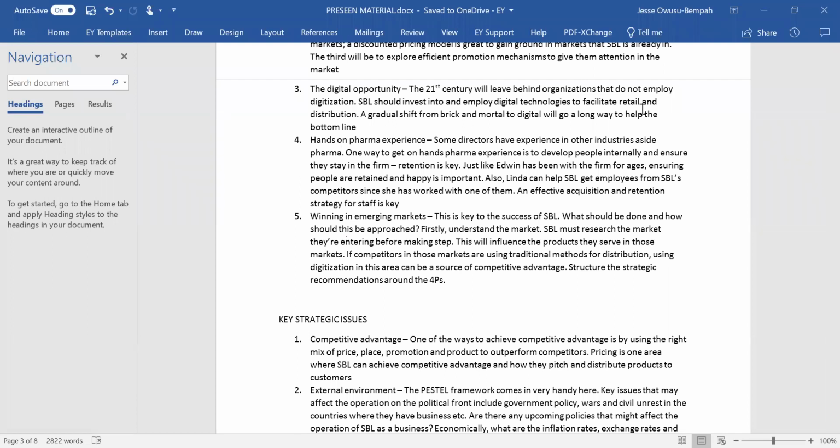So when you talk about winning in emerging markets, that's one of the things the board reads. We would want to think about what recommendations we can give here. One of the things you do to win in a market is very, very good research.